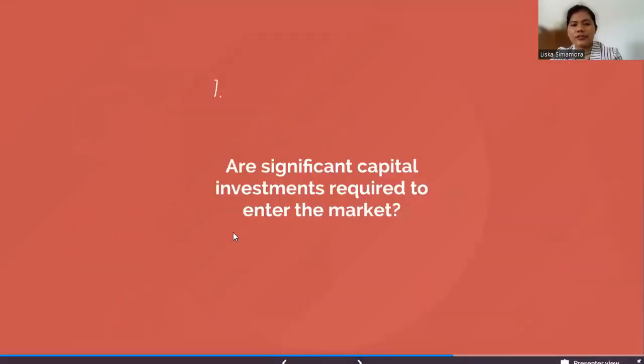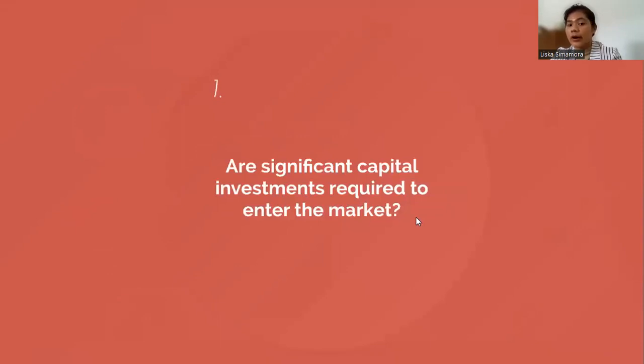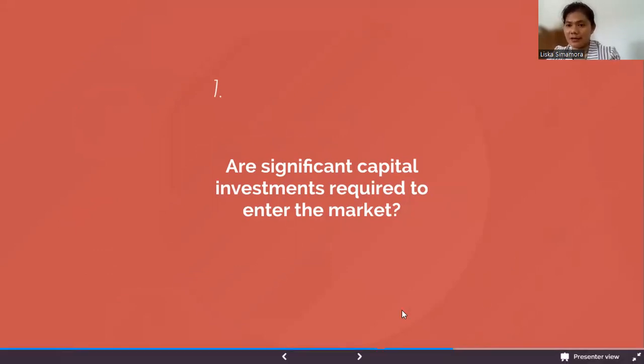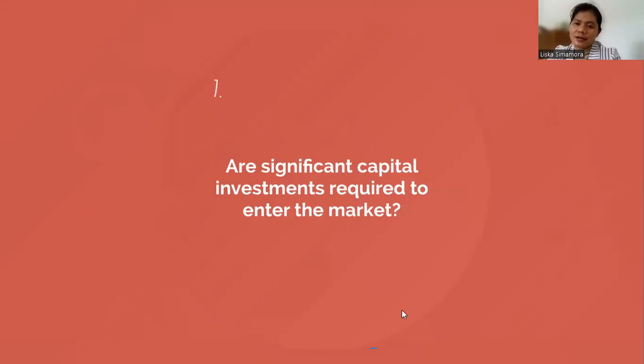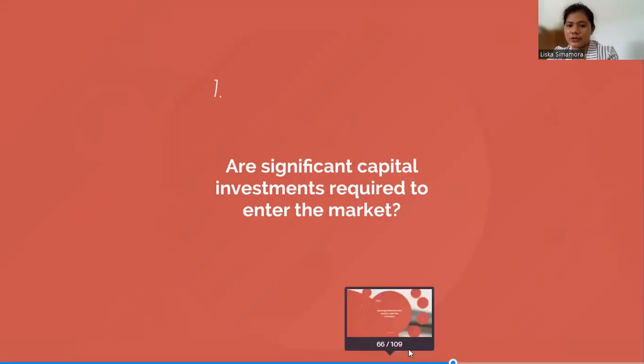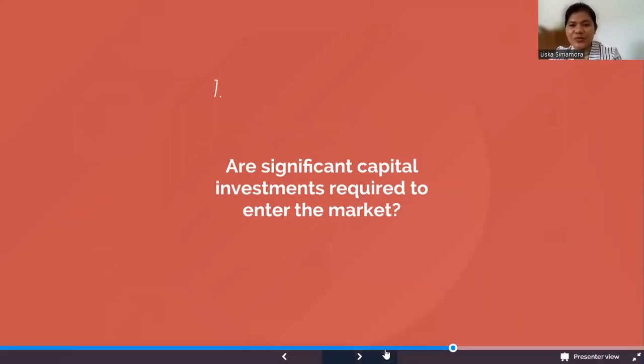And then, are significant capital investments required to enter the market? So do you need much money, or do you have to invest money in order to fully go online, for example? Okay.